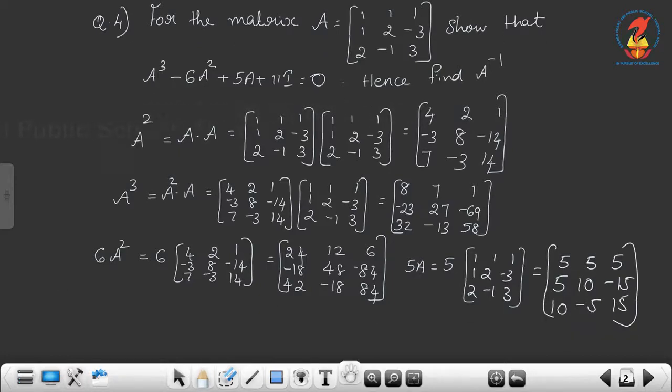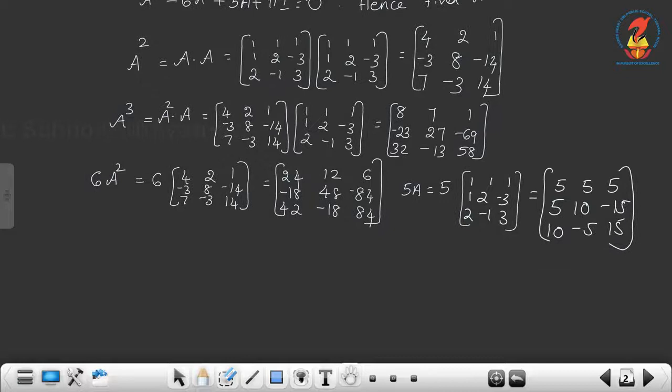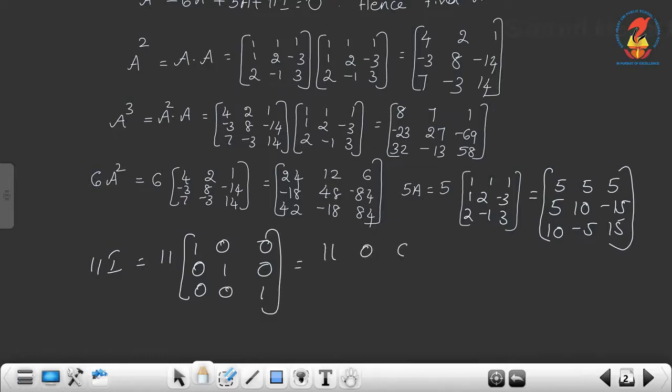Then the last term is 11I. 11I is equal to 11 into the 3 by 3 identity matrix. That's equal to [11, 0, 0; 0, 11, 0; 0, 0, 11].